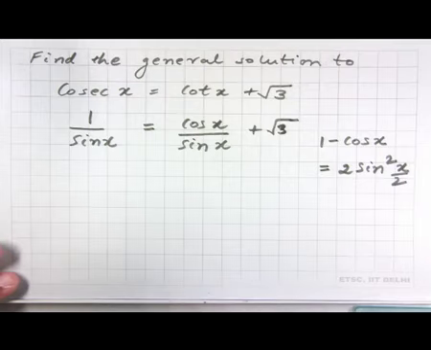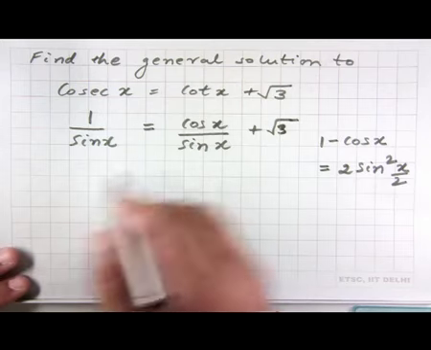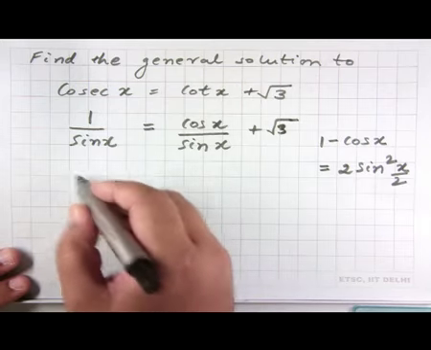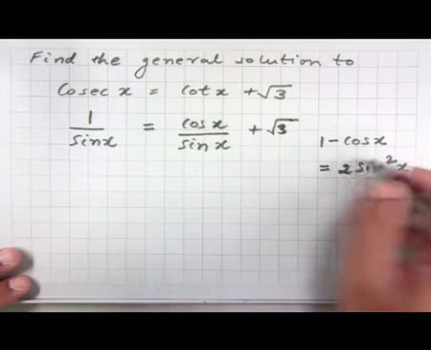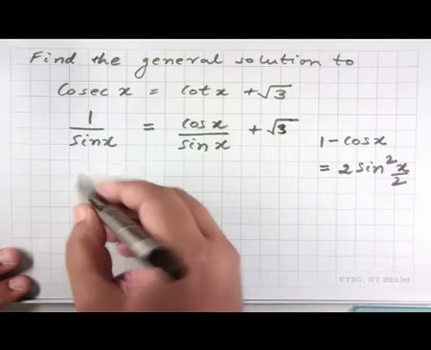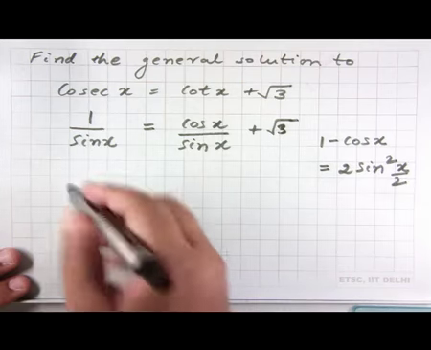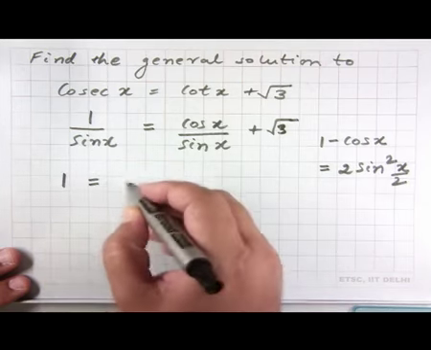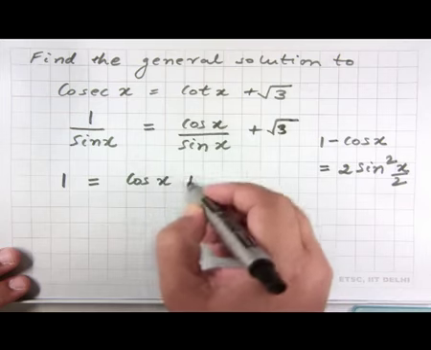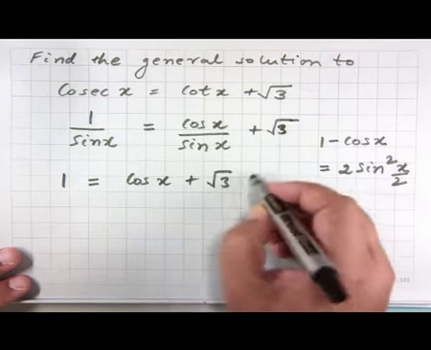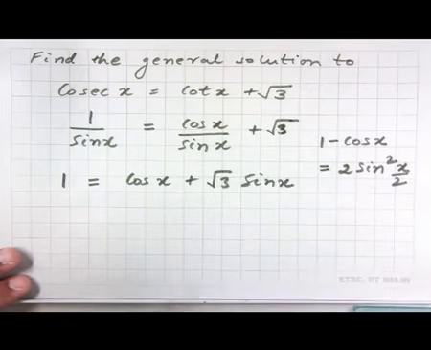So, we will try to use that. Or the other way is that we multiply both sides by sin x, and then we get 1 equals cosine of x plus root 3 times sin x.